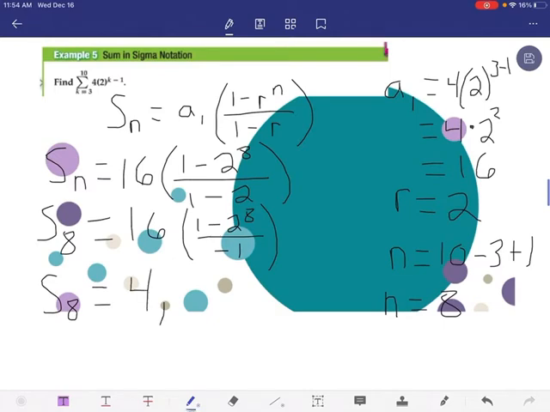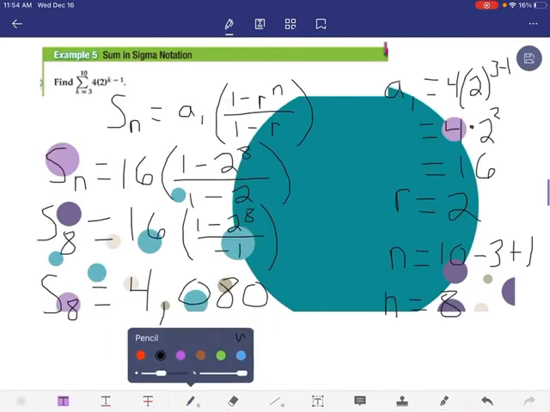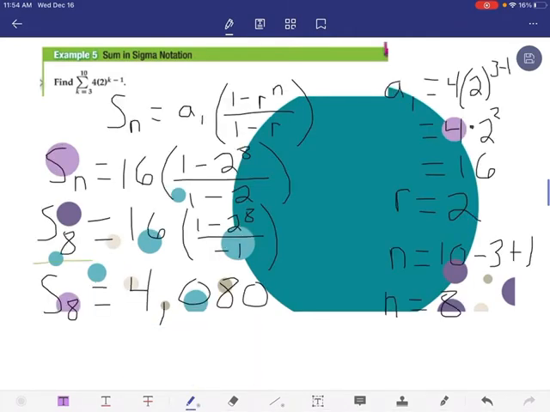Plugging all of that into our calculator, then we should get 4,080. And that would be the partial sum of the first 8 terms in that series.